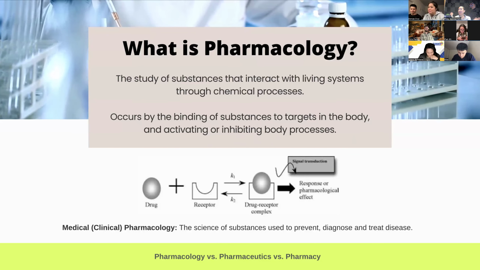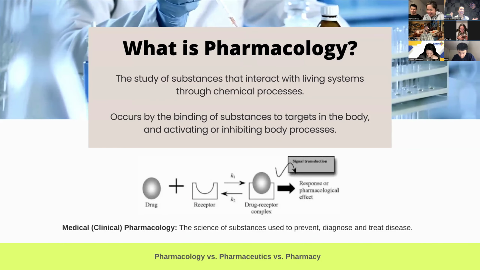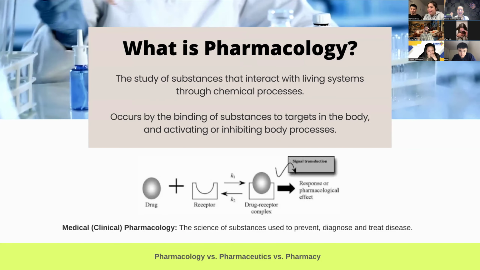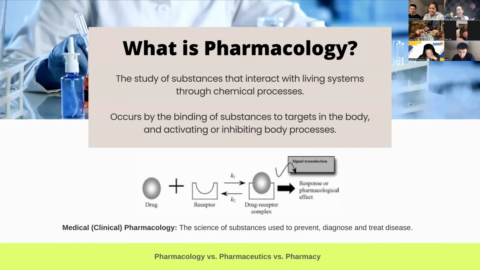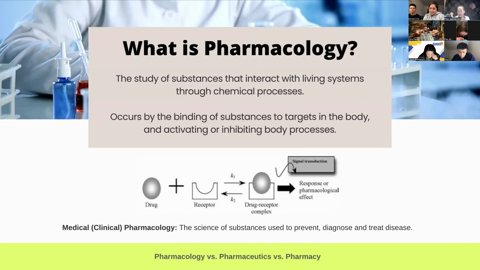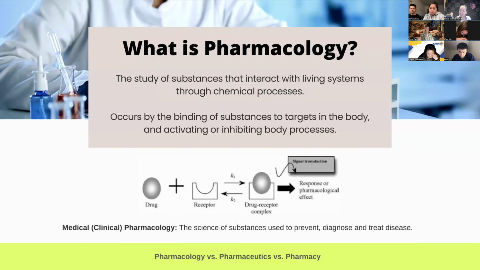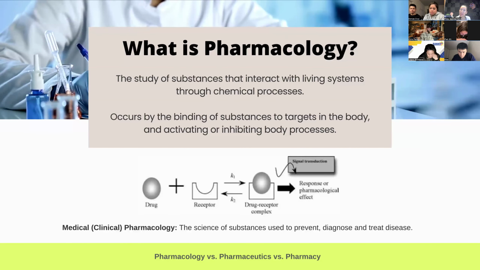So, what is pharmacology? It is the study of substances that interact with living systems through chemistry, basically. And it's so interesting because I think sometimes we think in our heads that the way that pharmacology works, it's almost like drugs have their little brains and they think about what they're doing and where they're going.